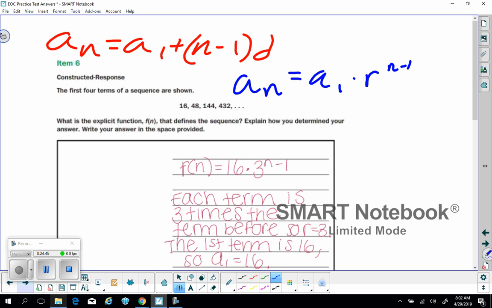Geometric. Geometric means multiplying. The way you can remember that is on your formula sheet, it is next to exponential, and we remember exponential has an x in the exponent, and it uses an x because it's multiplying over and over and over again. So the correct equation we should be using is this blue one right here.